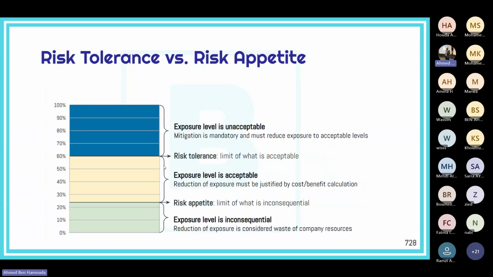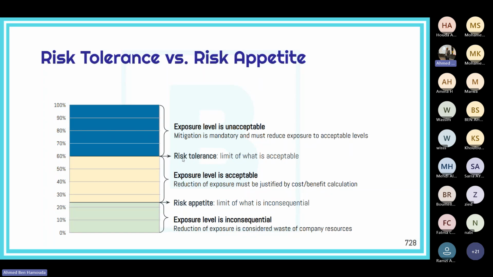For the risk tolerance levels, that's where the exposure level is acceptable. We don't really need to take any action to reduce the probability or the impact of the risk. And if an action must be taken, then it must be justified through a cost benefit calculation.